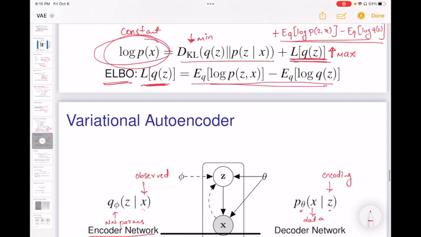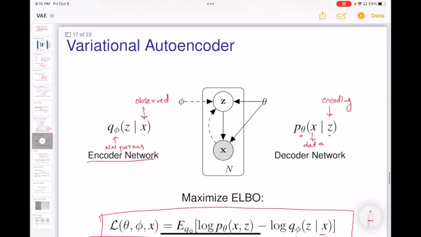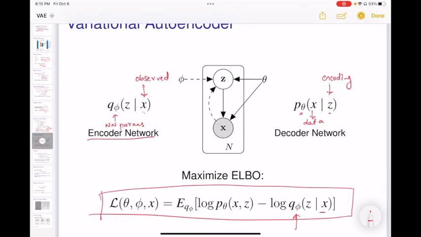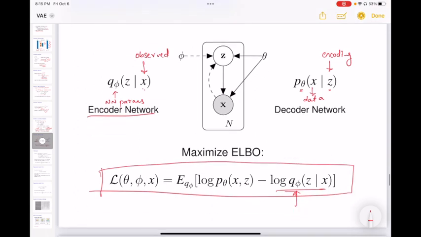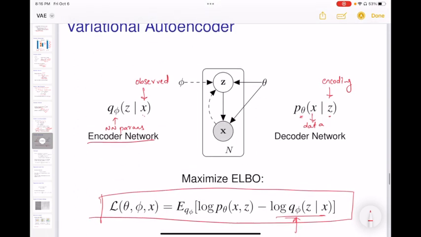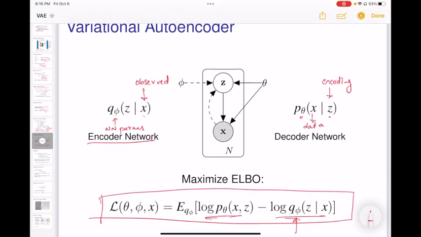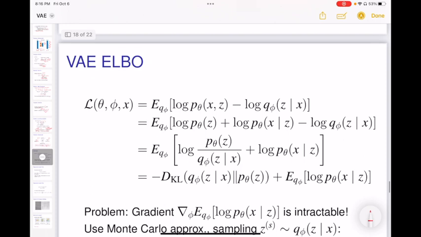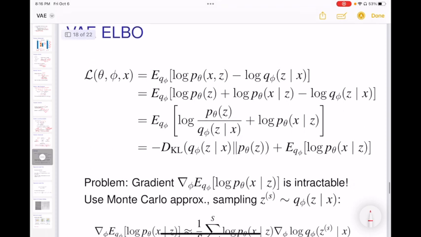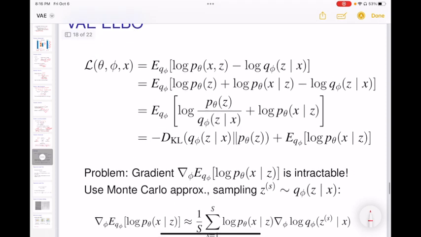So we just replace log q(z) with log q(z given x), which is what we use as the encoder network, and the other network is the decoder network, and this is the joint probability distribution of x and z with respect to that decoding network, right?